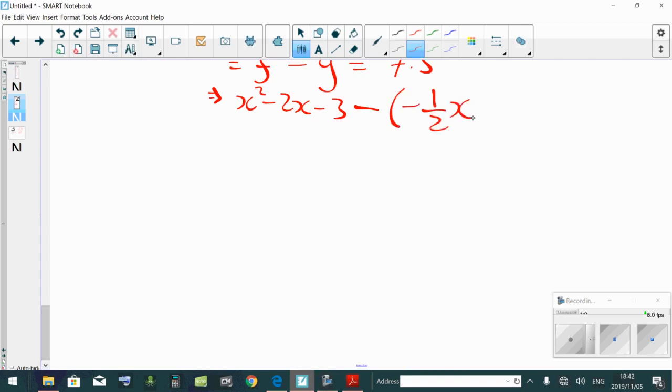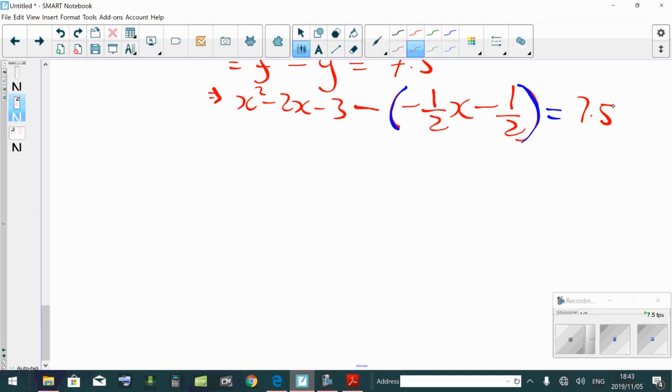Negative half x minus half. Let me emphasize that we're subtracting a binomial from a trinomial. Please use brackets. Now this difference should give us 7.5.